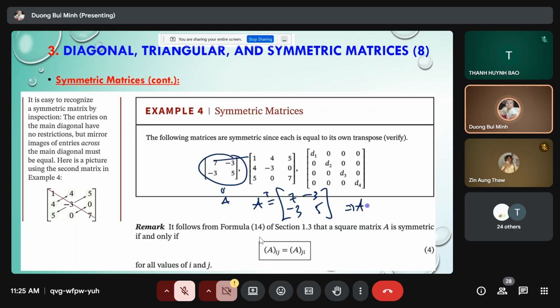So A equals the transpose of A, so A is a symmetric matrix. And this is a special case, because this one is diagonal. The diagonal matrix is definitely a symmetric matrix. This is a special case.